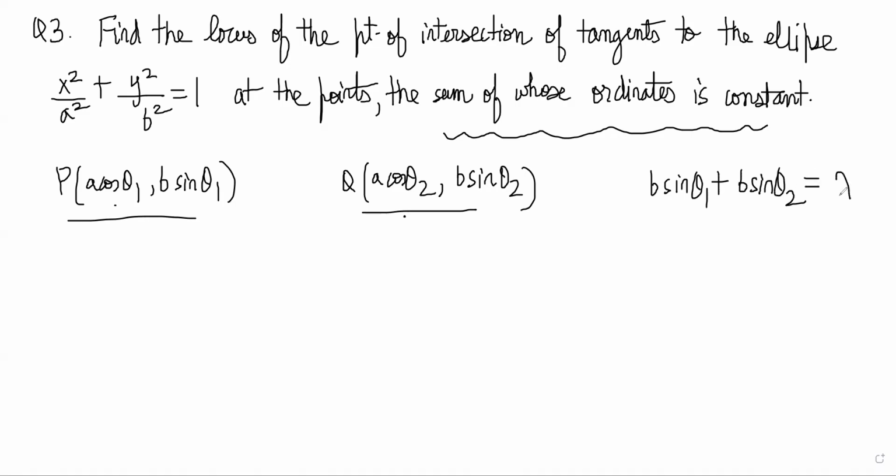Let's call that constant lambda. That is given in the problem. We have to find the locus of the point of intersection of tangents here, right? So let's think about the tangent equation, right?